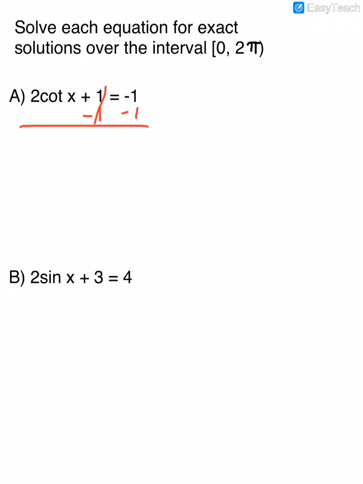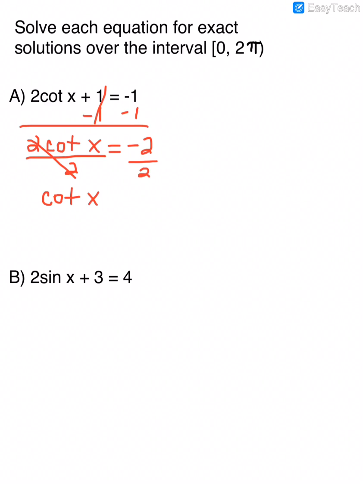And this gives me 2 cotangent of x is equal to negative 2. And then I'm going to divide both sides by 2. And I have the cotangent of x is equal to negative 1.